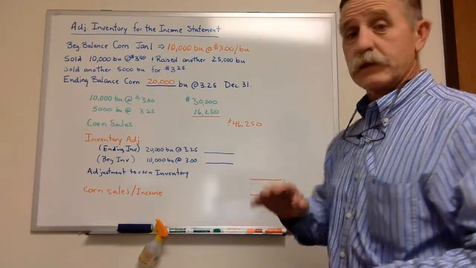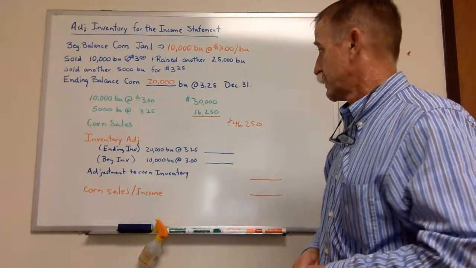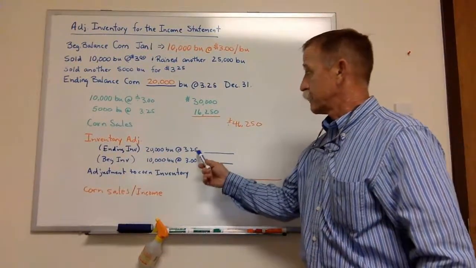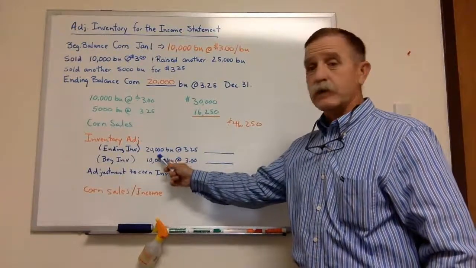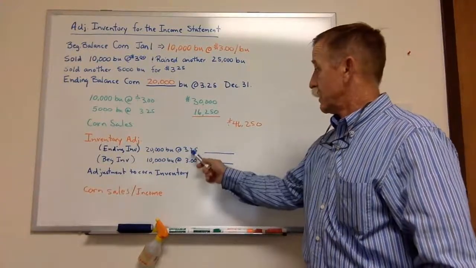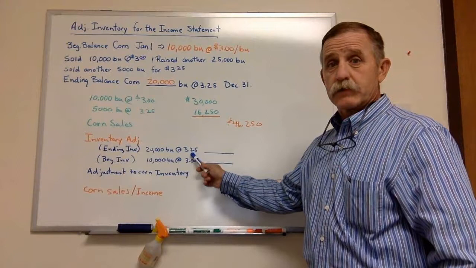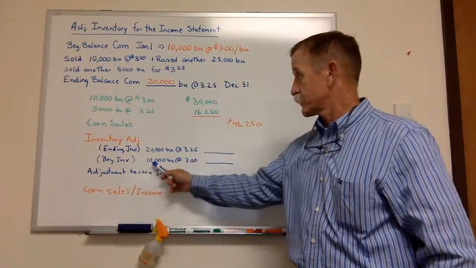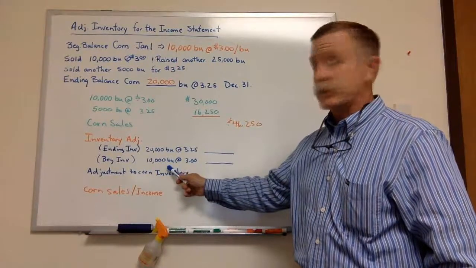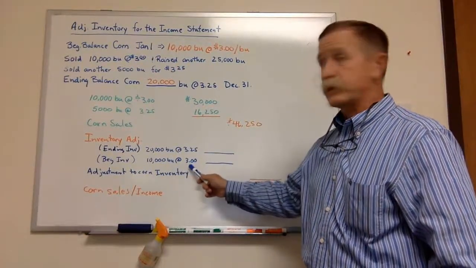All right, then the adjustment part of that, we have to take into account the beginning inventory right here. We have 20,000 bushels at $3.25. In the beginning inventory as of January 1st, we had 10,000 bushel, and that was valued at $3.